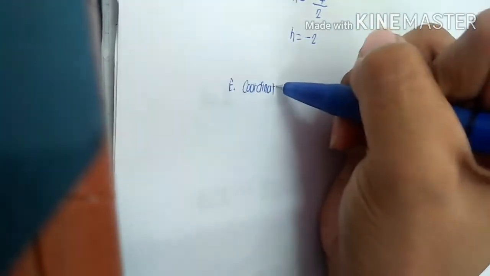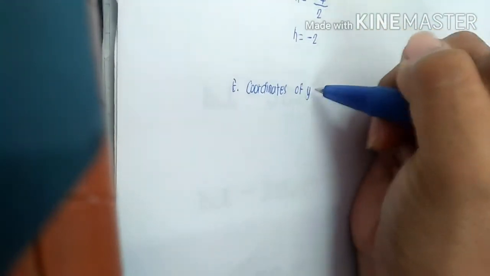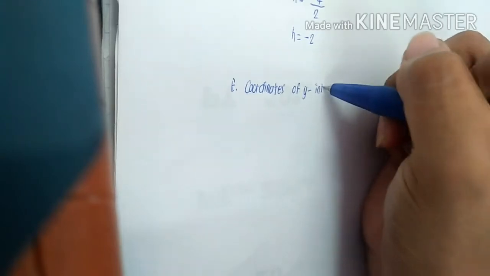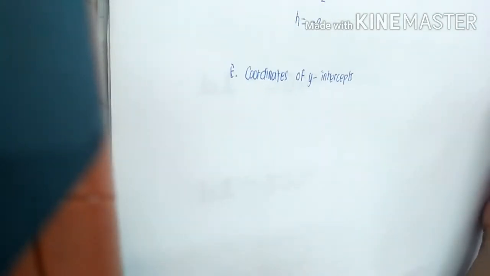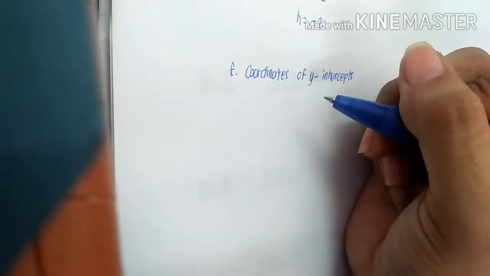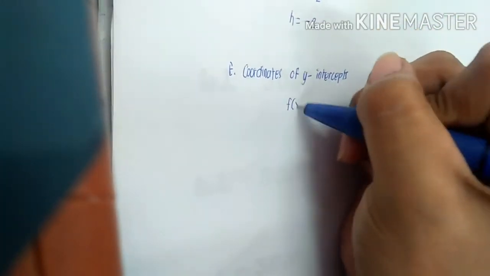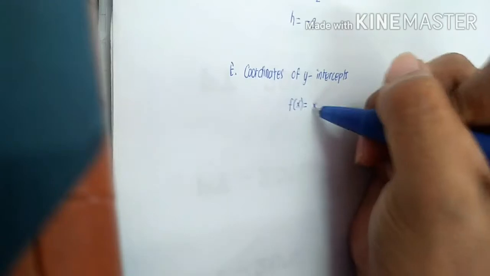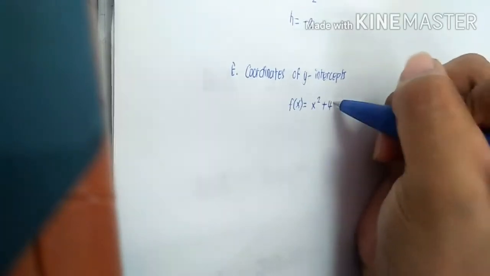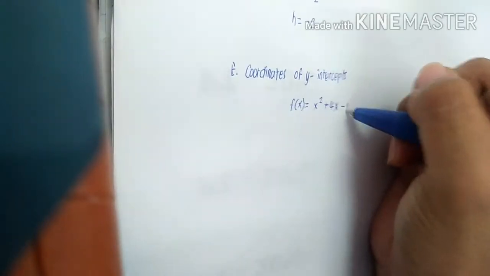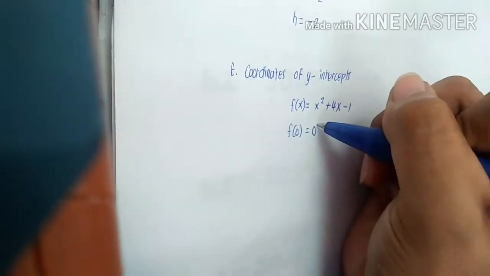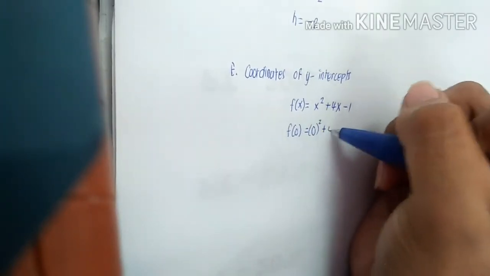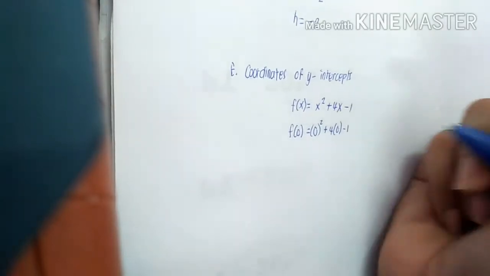Again, in getting the coordinates of the y-intercept, because we are looking for the y-intercept, we need to make x equal to 0. So substitute 0. So f of x, using the original equation, x squared plus 4x minus 1. So x is equal to 0, right? 0 squared plus 4 times 0, this will be 0 still, minus 1.